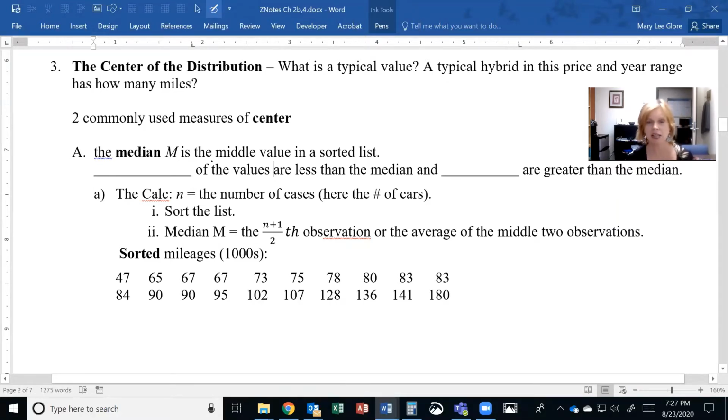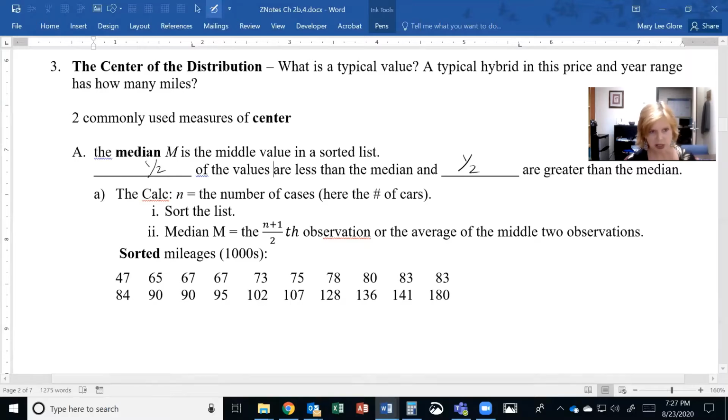The median says, let's count all the observations. I want half of those observations to be less than the median, half to be greater. So it's called the middle value. Half of the counts are going to be less than, and half of the counts are going to be greater than that median.